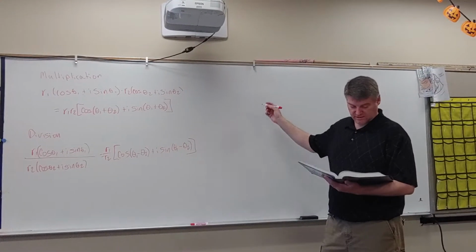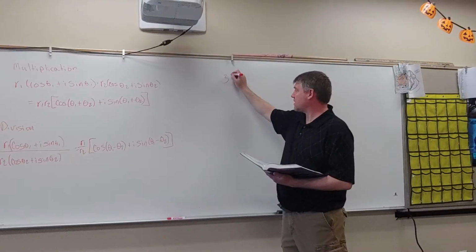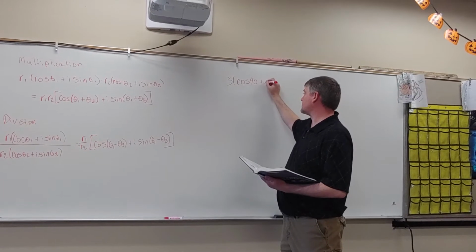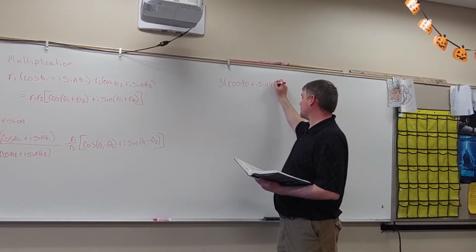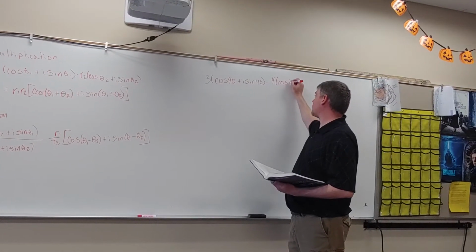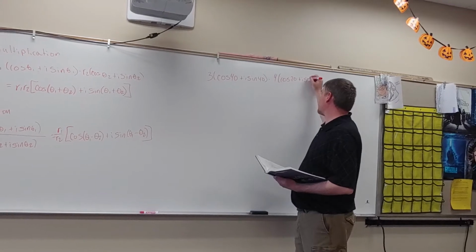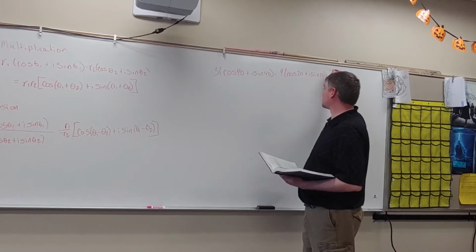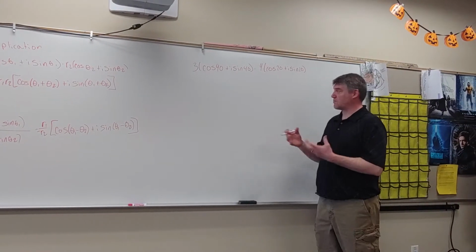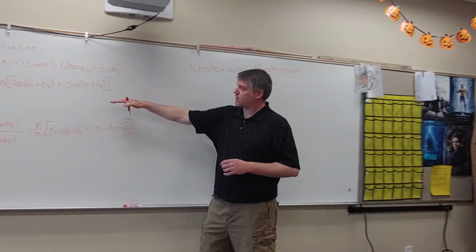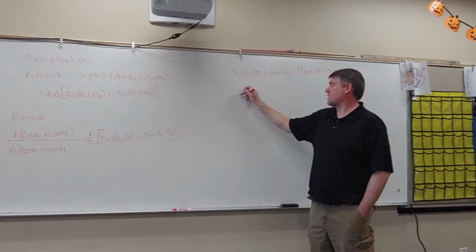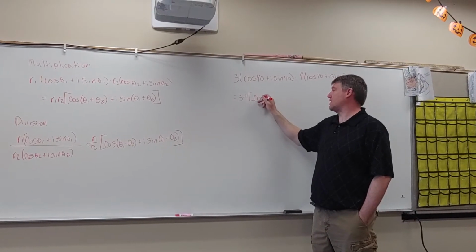So let's look at 3 cosine of 40 degrees plus I sine of 40 degrees times 4 cosine of 20 degrees plus I sine of 20 degrees. Now we have our product of complex numbers. We're going to come back to our formula. So this is equal to 3 times 4, and now I'm going to have the addition of the angles.